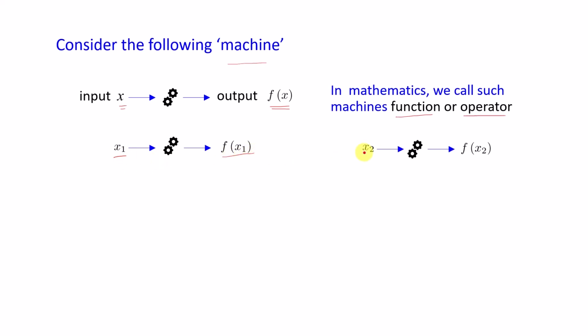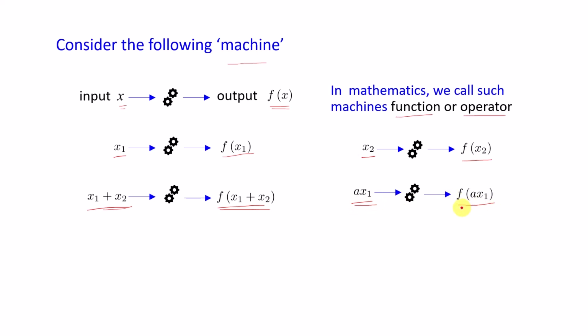Similarly, an input of x2 gives f of x2. An input of x1 plus x2 gives f of x1 plus x2. An input of a x1 gives f of a x1. Here a is a constant.